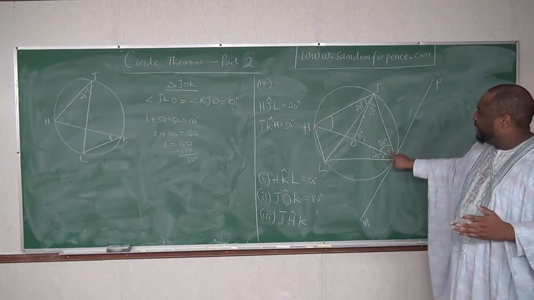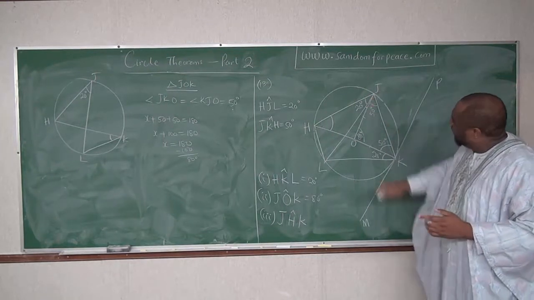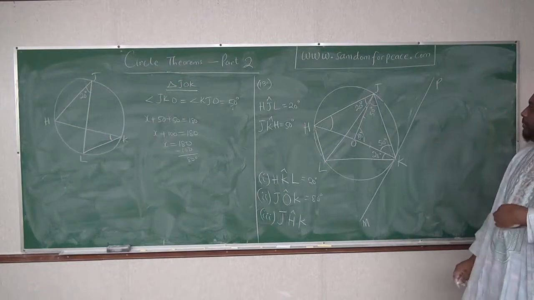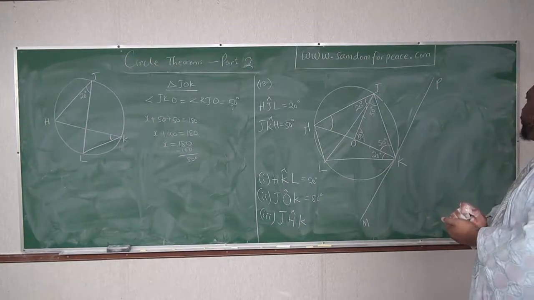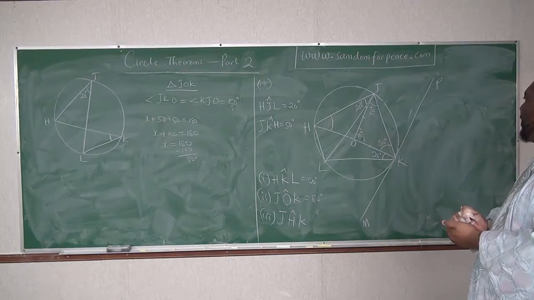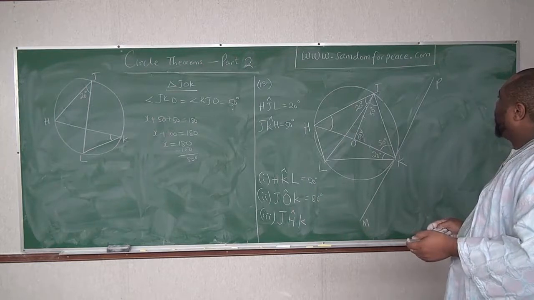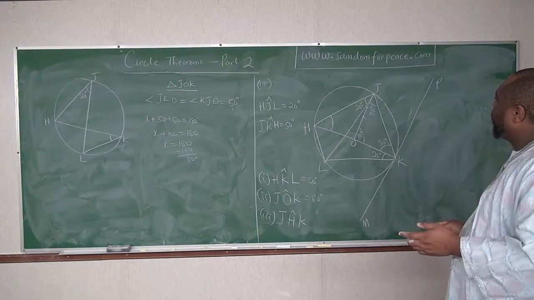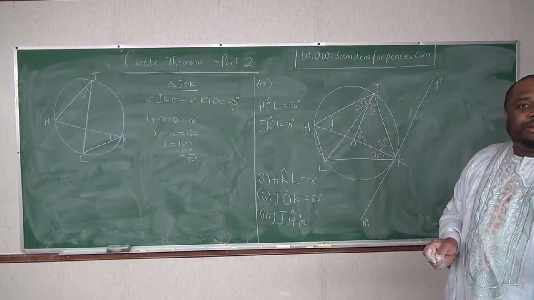We know this angle anyway, but we don't know this small angle here. So that becomes a little problem for us, because we don't know that small angle. But then we can use, guess what we can use?